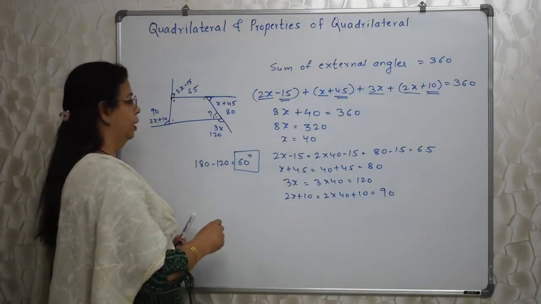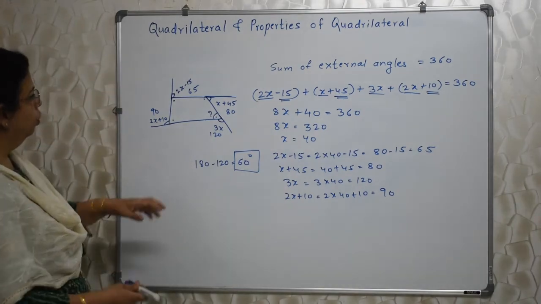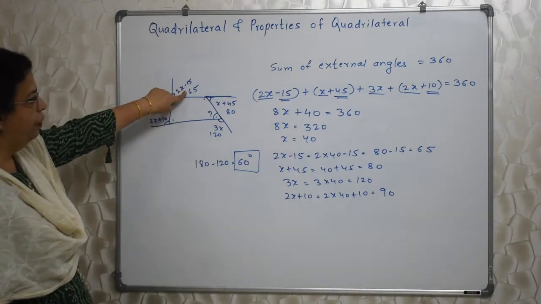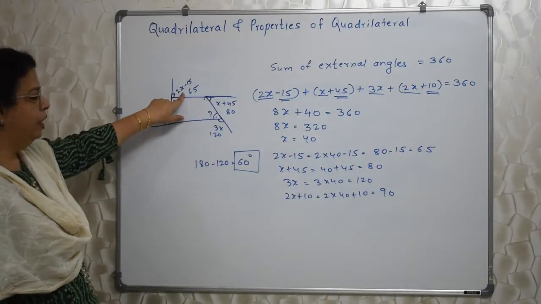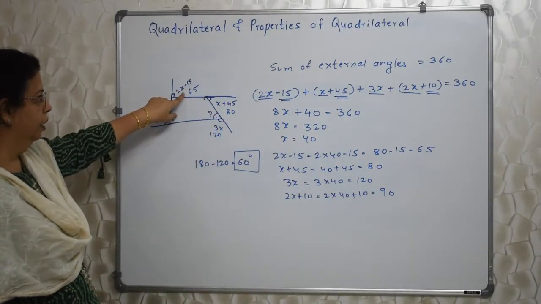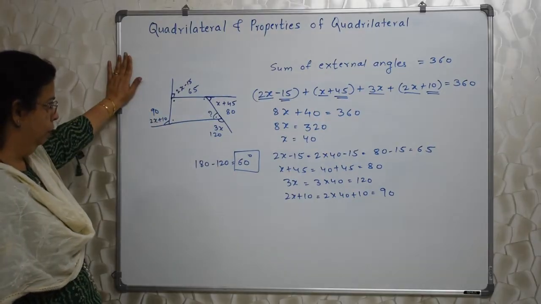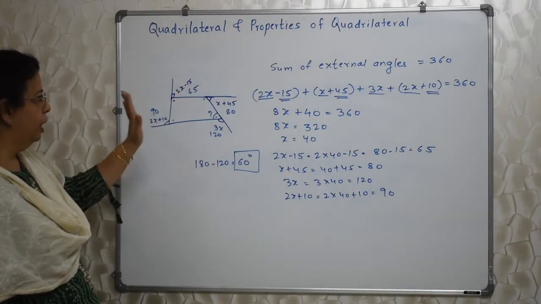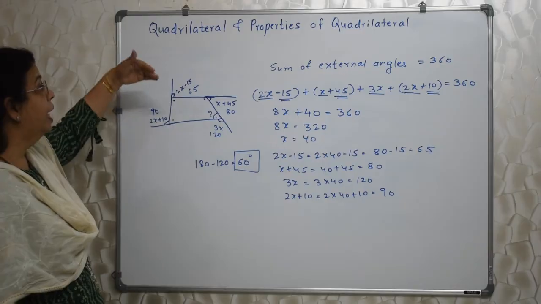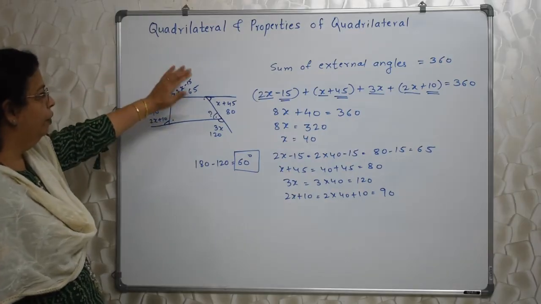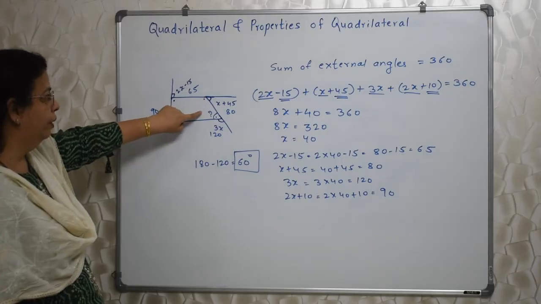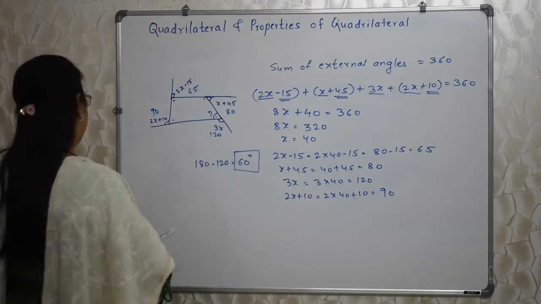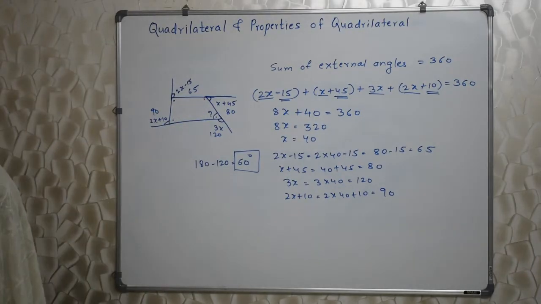Students, most of the times what they do, they see this 65 is the smallest, so they choose this 2x minus 15 as the smallest angle. No, 65 is not the smallest angle because that is the smallest exterior angle. Here we need to find out the smallest interior angle of the quadrilateral. So our answer is 60. Be careful here.